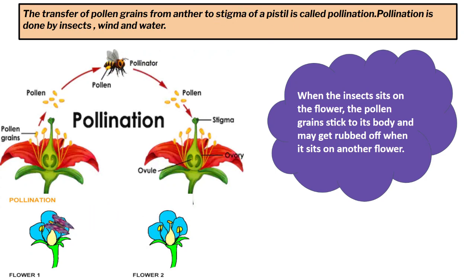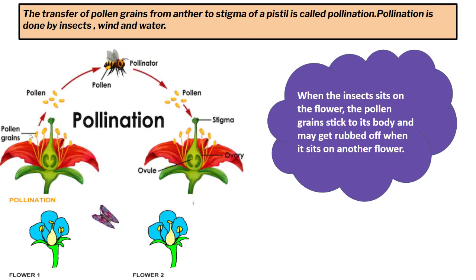That means the transfer of pollen grains from the male reproductive part of a flower to the female reproductive part, that is the pistil, is known as pollination.